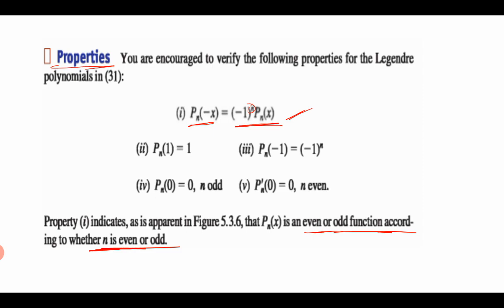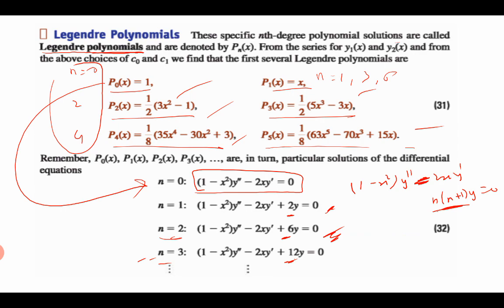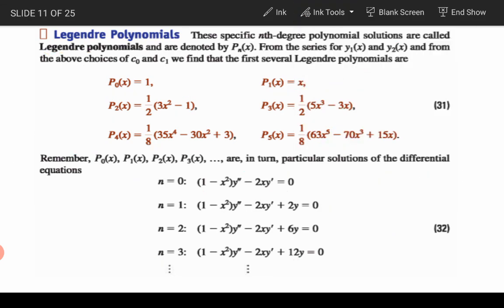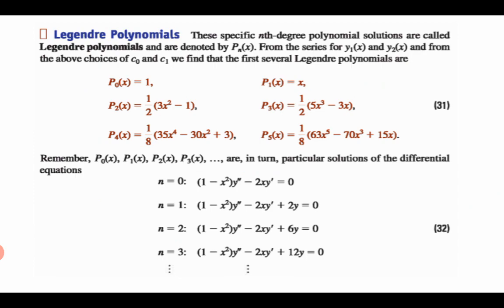And another important property: when you substitute x equal to 1 in any of the previous terms, check this. X equal to 1, what is happening? 3 minus 1, 2, divided by 2, is 1.